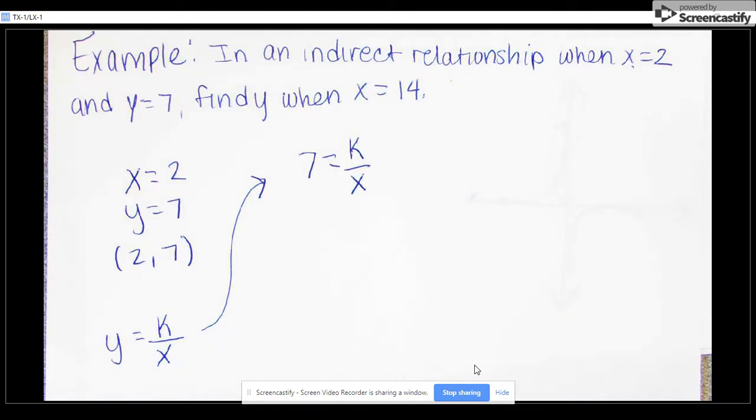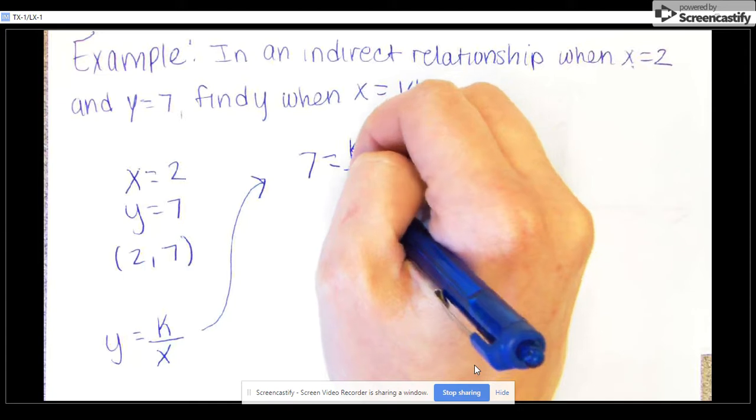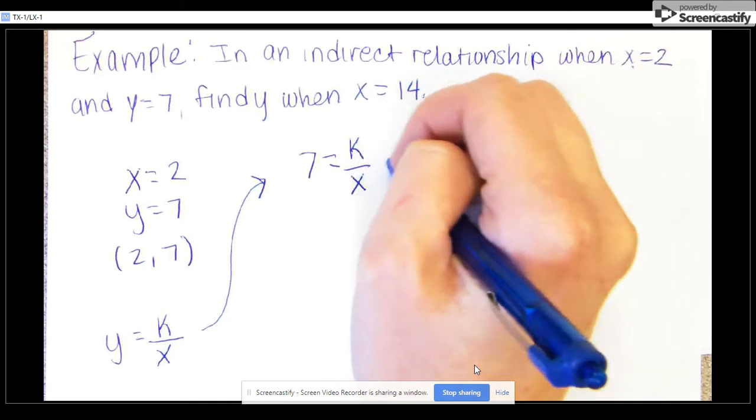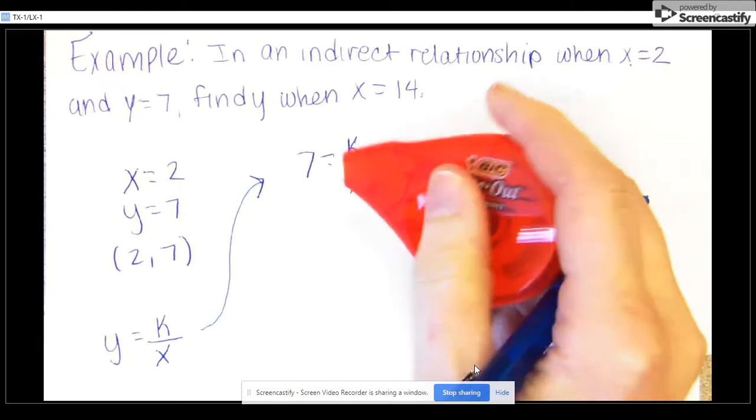Now I need to solve for k. Oh, I apologize, instead of x, this should be 2. Let me fix that quick.